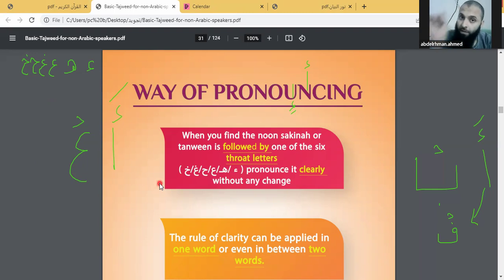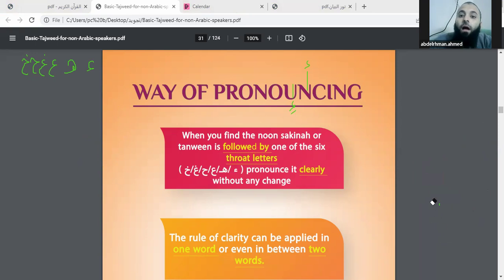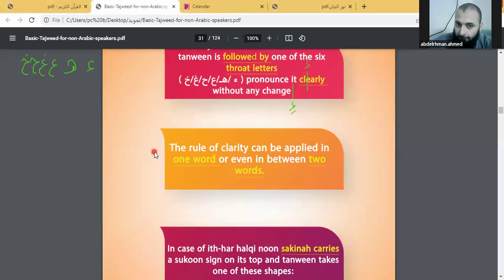If you have noon sukun, or tanween double fatha, double kasra or double dhamma, followed by any one of these letters, hamza, ha, ayn and ha, ghain and kha, just read the noon and the tanween clear. Don't change anything. Pronounce it clear without changing anything.